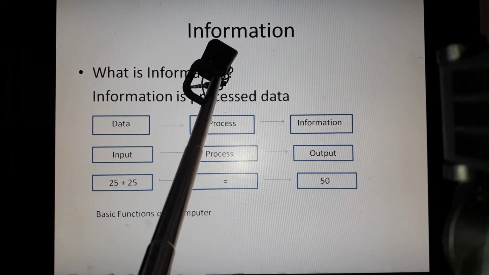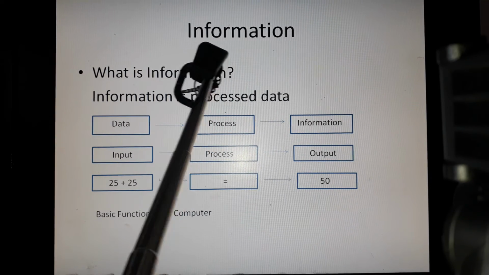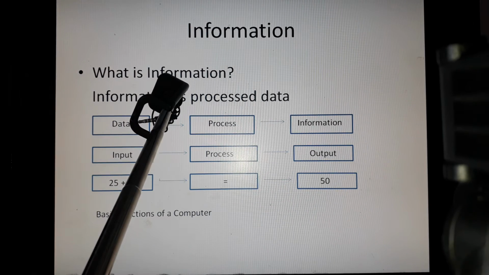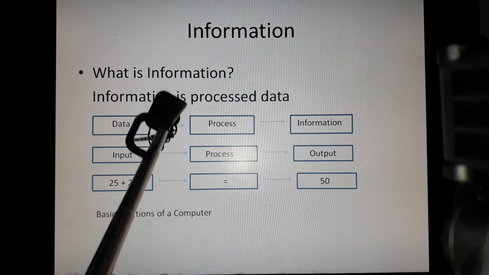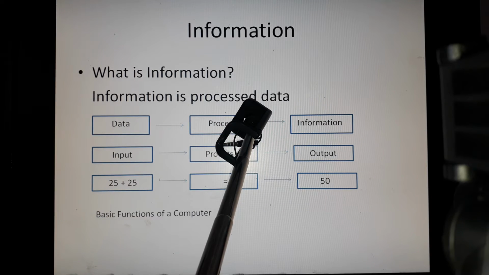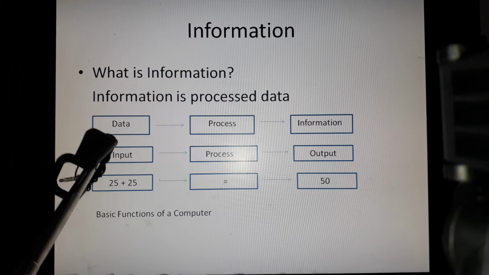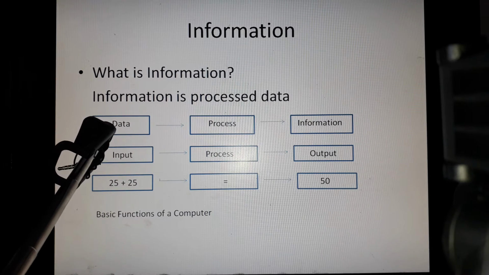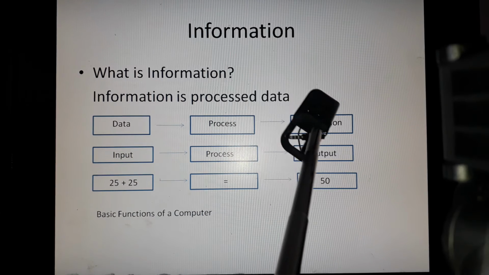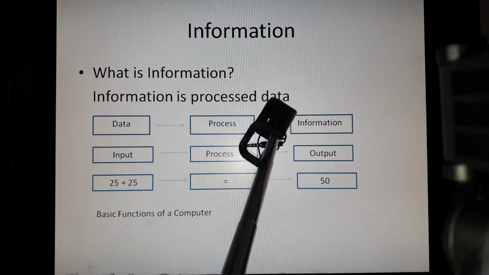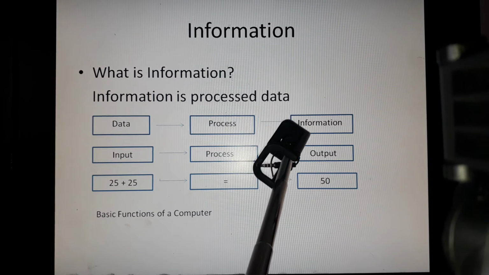Information. What is information? Information is processed data. Data is not organized. Information is organized. Information is processed data.